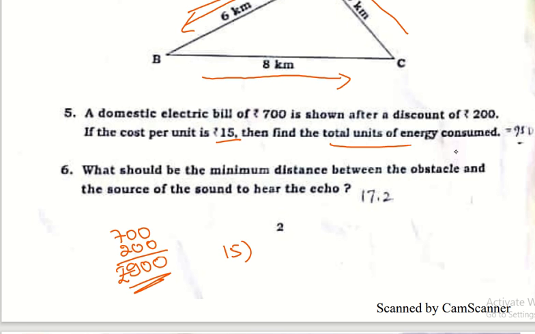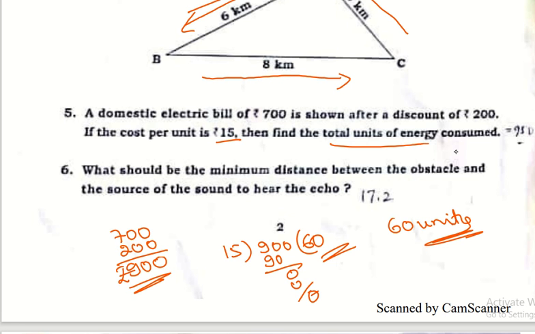For finding the total units of energy consumed, you have to divide 900 by 15 rupees. 15 sixes are 90, 15 zeros are 0. So that gives you 60 units. The energy consumed is 60 units, which is the correct answer.